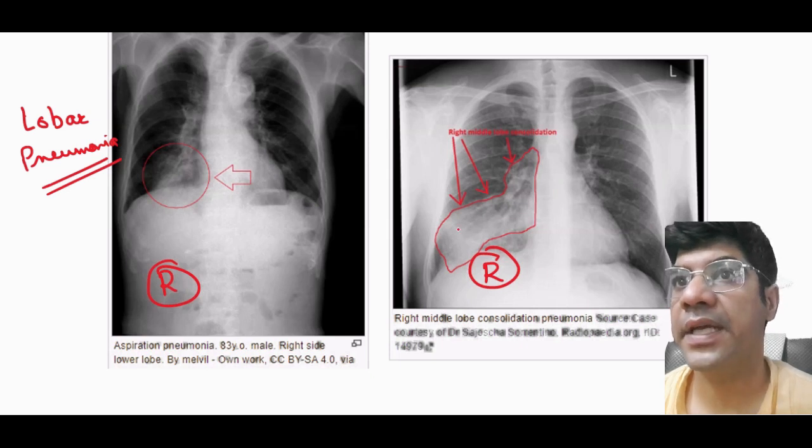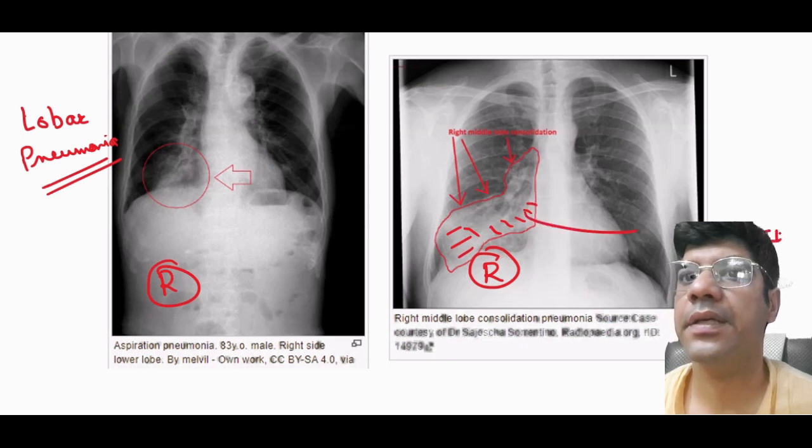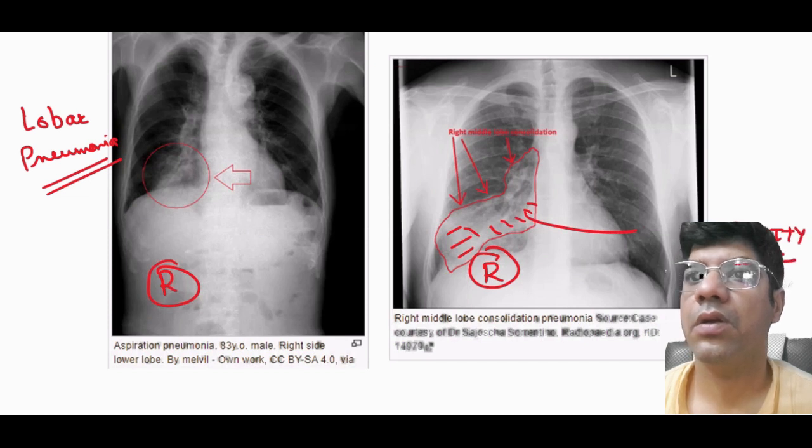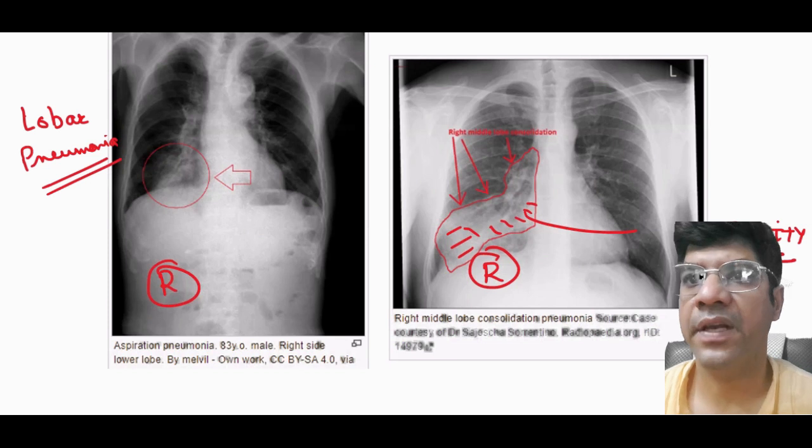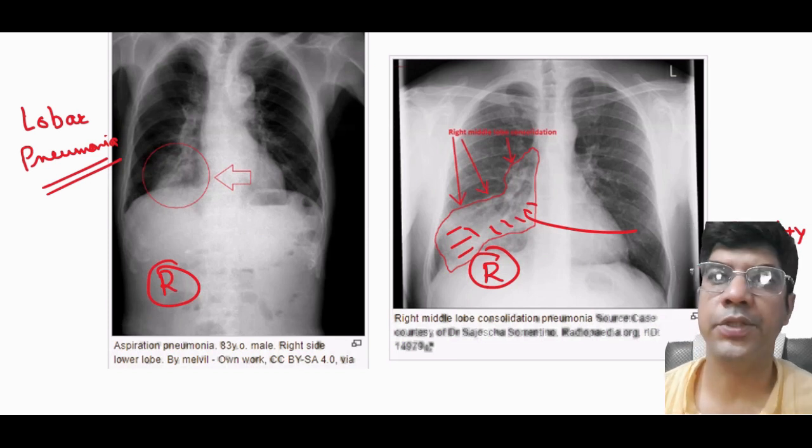Second, you would see an area of opacity. Here you can see the area of opacity. Opacity refers to the area on the X-ray film where normal lung tissue is not clearly visible.